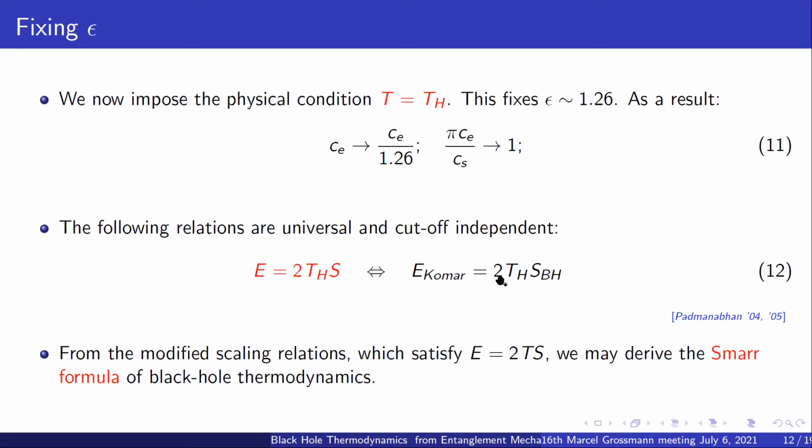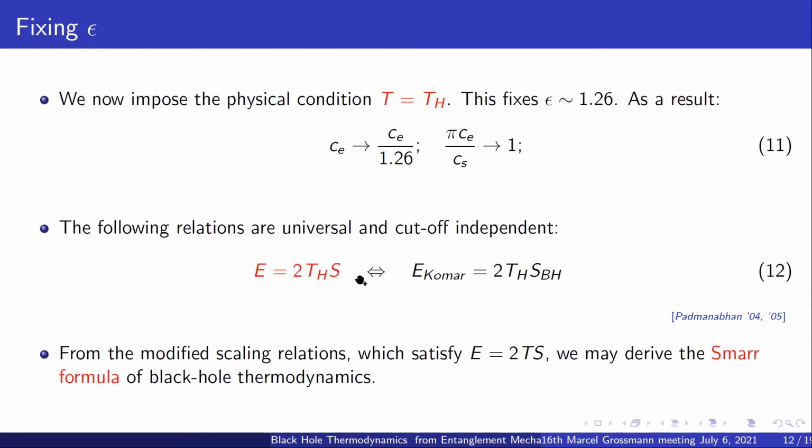Now, this is quite profound because this is a result that is obtained purely within the confines of black hole thermodynamics, and we were able to derive this without any dependence on the UV cutoff from purely quantum correlations of the matter field alone.